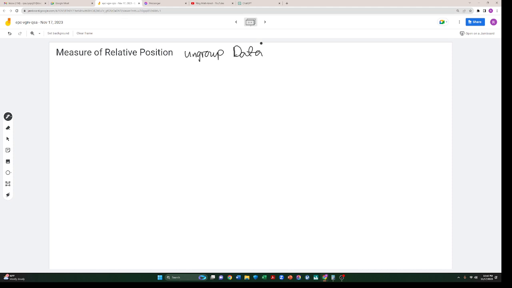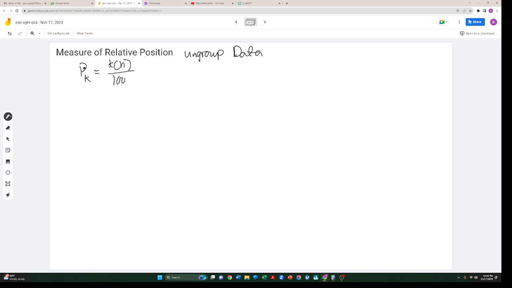Based on another resource, the formula for the percentile is: K represents your percentile rank, so P sub K is equal to K times N, where N is the total number of students or the total population, divided by 100.